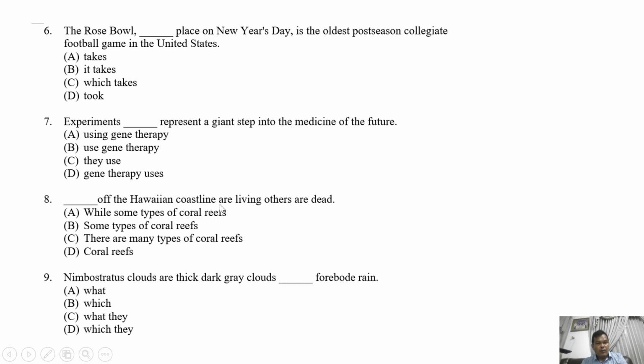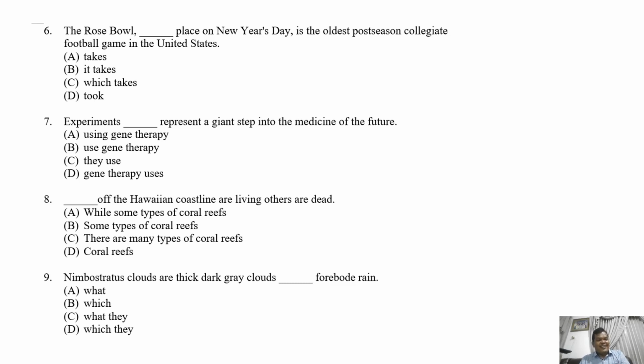Now, let's see question number 8. You know that we have here only predicates. How many predicates do we have? We have here 2 predicates, are and are. You see that it is very easy to identify the predicate if the predicate is composed of be.